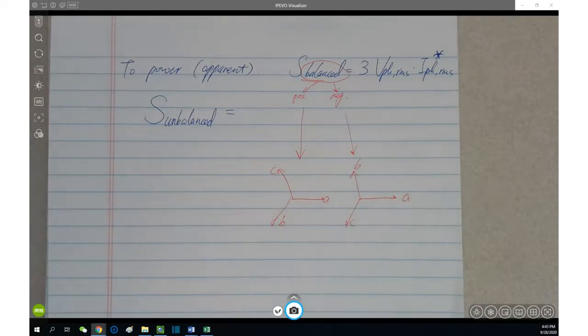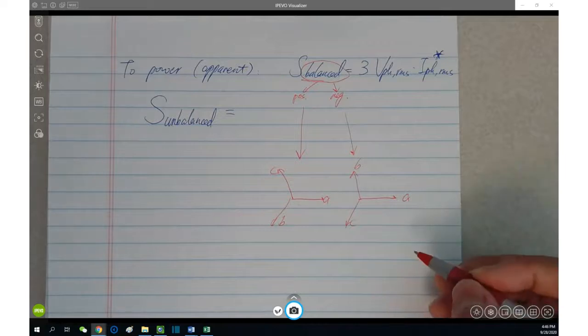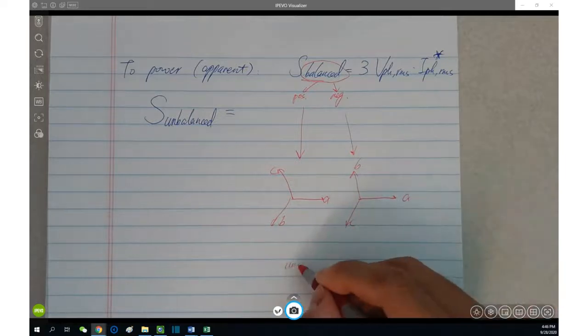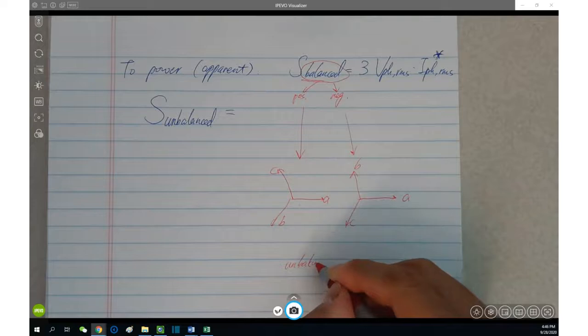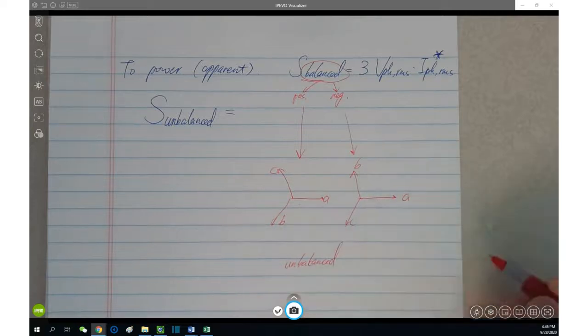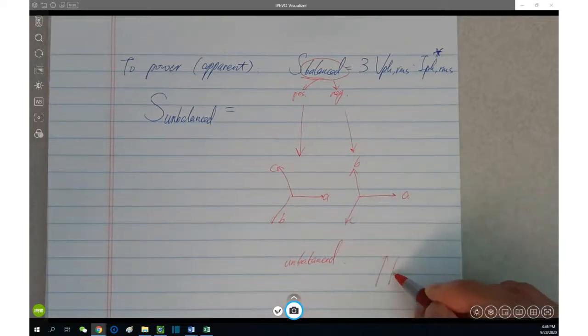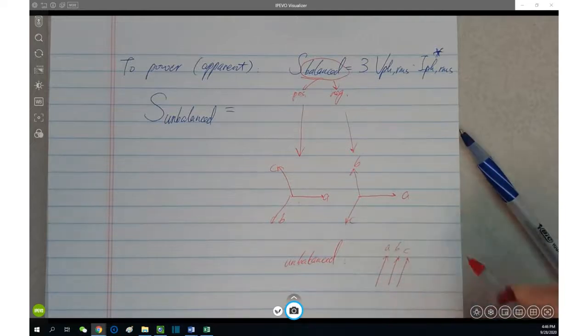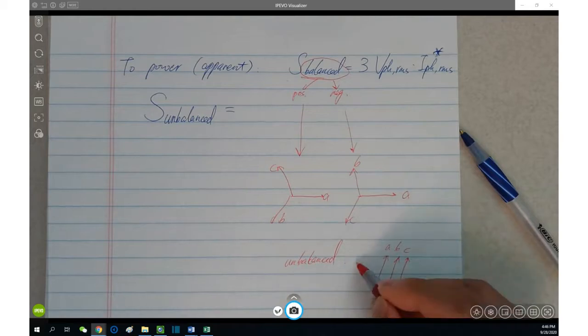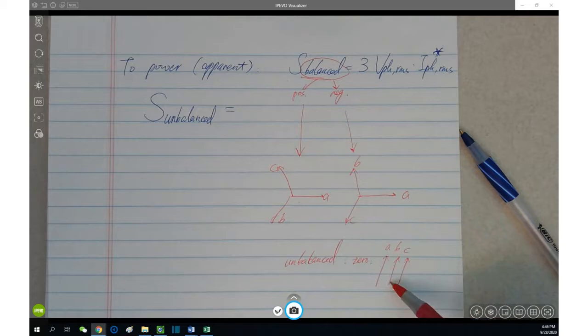Who is the unbalanced one? Who is the unbalanced one? Zero sequence. Because they have the same magnitude, good.